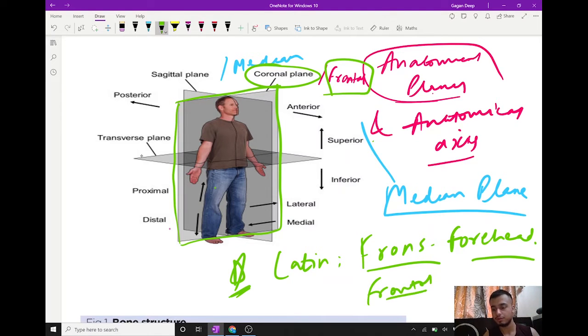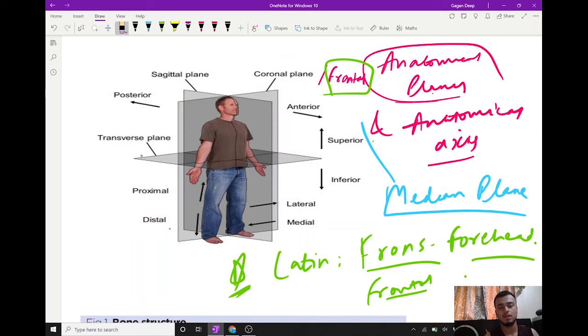So it's the trick to remember: the frontal plane passes parallel to the forehead, and it's dividing the body into anterior and posterior parts. So that was basic, and the third plane we are left with is the transverse plane or the horizontal plane.